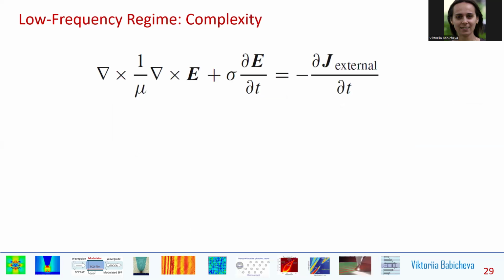Okay, so let's discuss a little bit about complexity. The low frequency approximation consists in setting epsilon equal to 0, so we neglect the displacement current in the equation. The electrical current density is taken in this form, where sigma is the electrical conductivity.